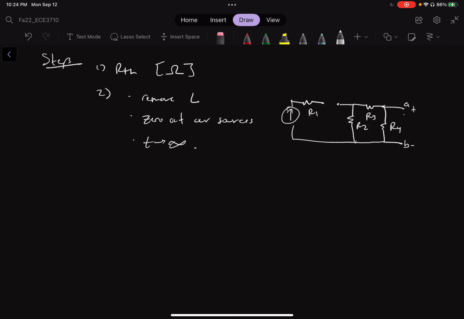We're supposed to zero out our sources, so let's remove this current source, replace it with an open circuit. Now what do we have? We have this circuit. We can remove R1. R1's in series to 2 open circuits. Now we just have this circuit.